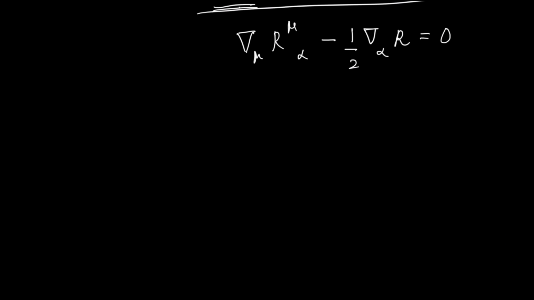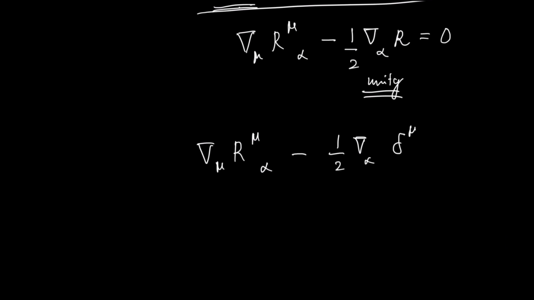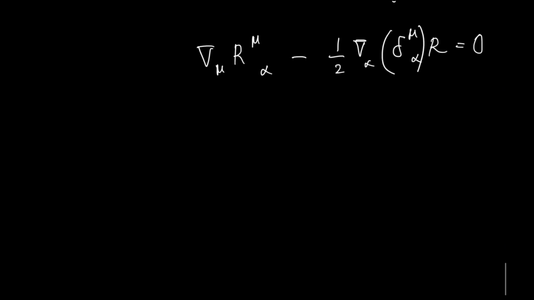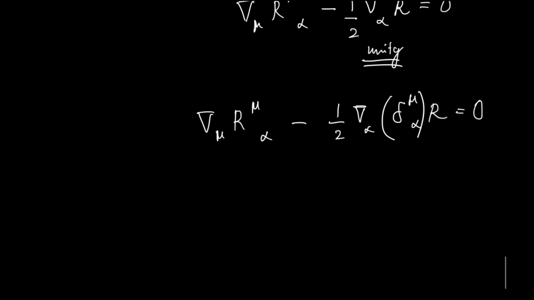Now I am going to multiply with unity here. Multiplying with unity is not going to change the equation. So here I am going to multiply with the unity, the Kronecker tensor. Unity is the Kronecker tensor.